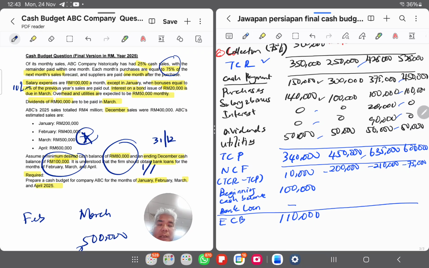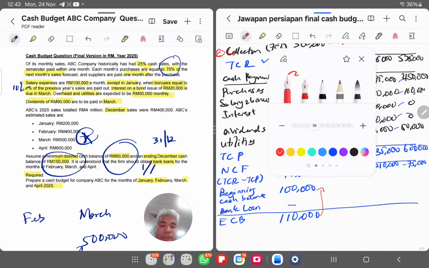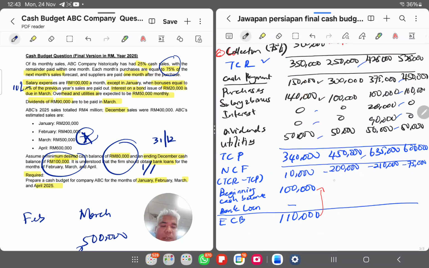This is step 1. Ending cash balance will be on the right, straight away 110,000. The ending will be the beginning of the next month.